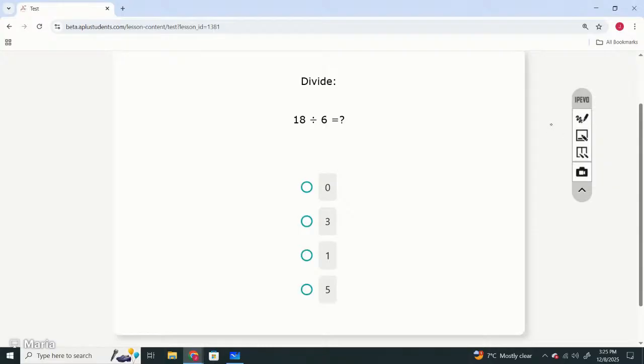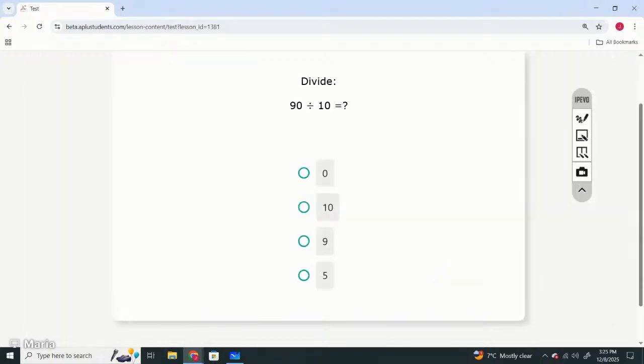Yes, 3 it is. 6 times 3 is 18. The correct option is 3. Very good.